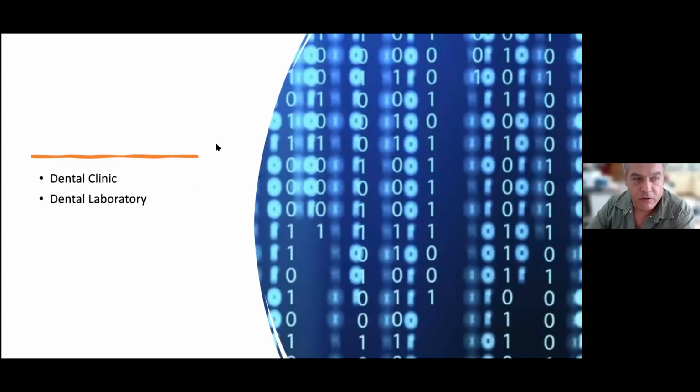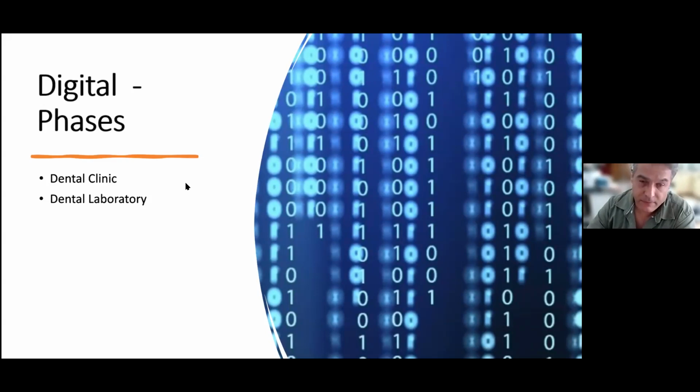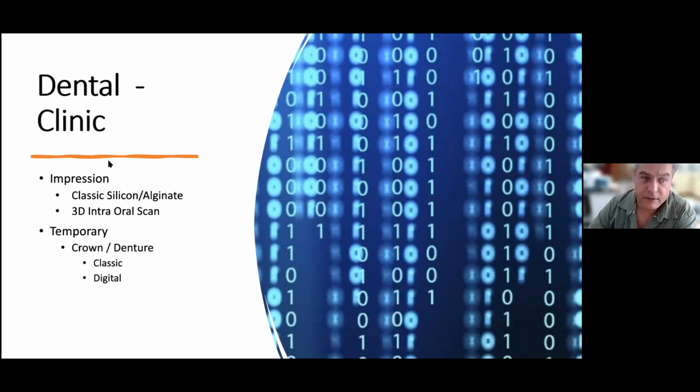The digital phases are actually very similar because it's based on the same process, but the way we do it, of course, is different. Digital means that we do a lot of things in a virtual space, like digital software, but after that it will be transformed into the real world.